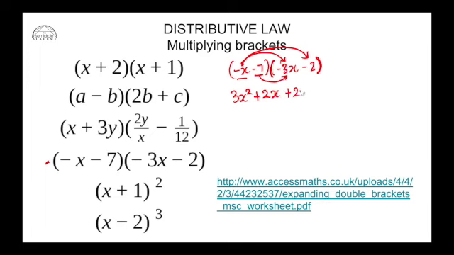Positive 21x, very good. And then I'm taking the negative 7 and multiplying it by negative 2 to give me positive 14. I can't add the x squared to any of these, but I could add these two because that is x and x. So 21 plus 2 is 23. So now I have 3x squared plus 23x plus 14.